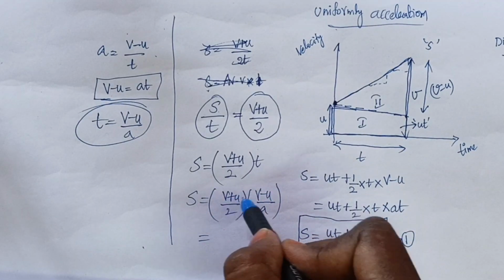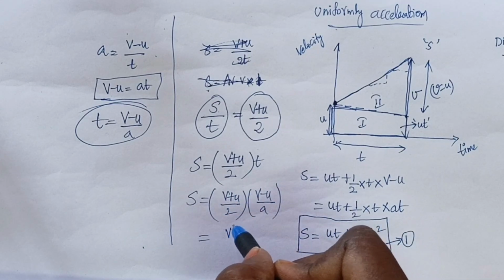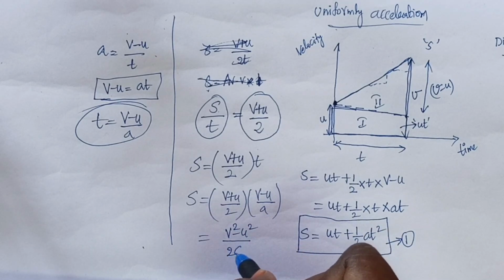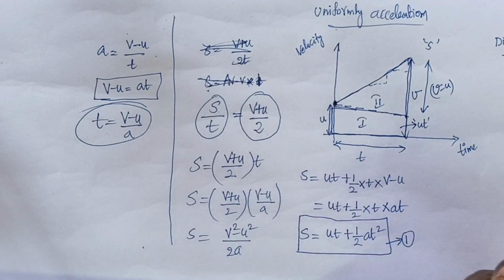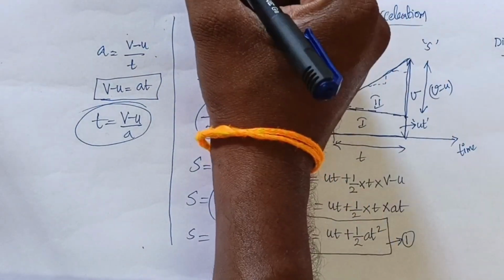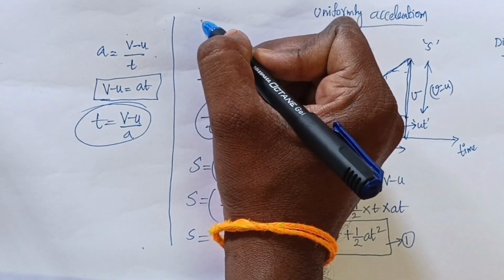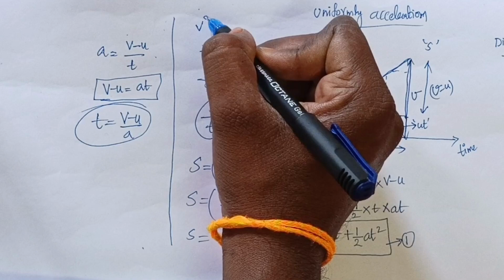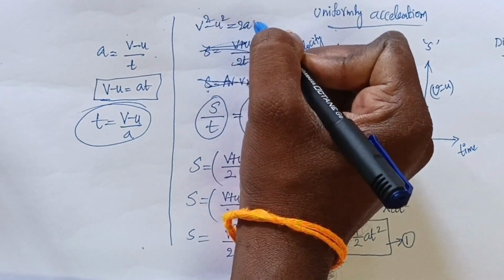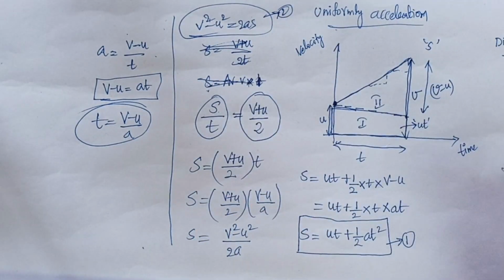Now it is like (a plus b) into (a minus b), which gives v square minus u square by 2a is equal to s. So let me write here: v square minus u square is equal to 2as. So this is the second equation of motion.